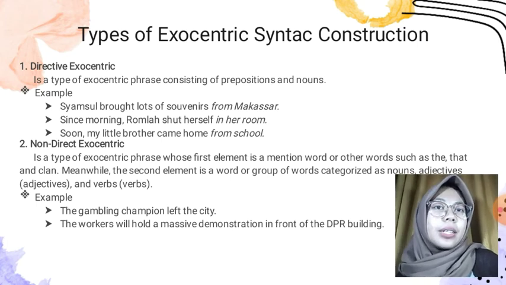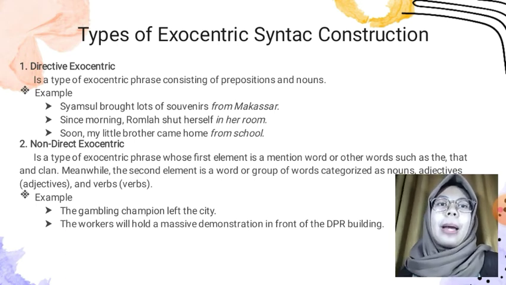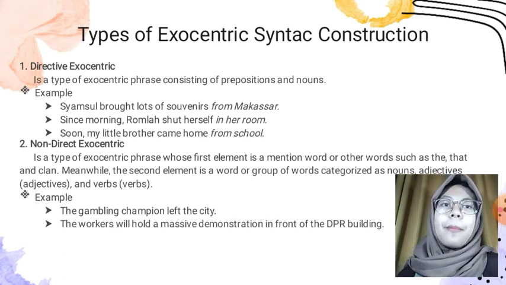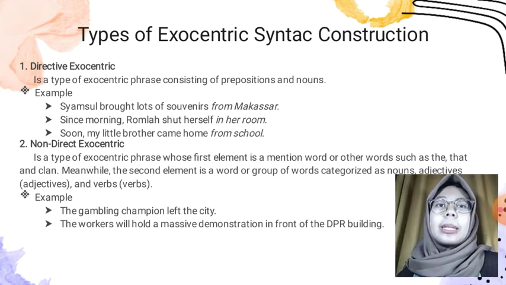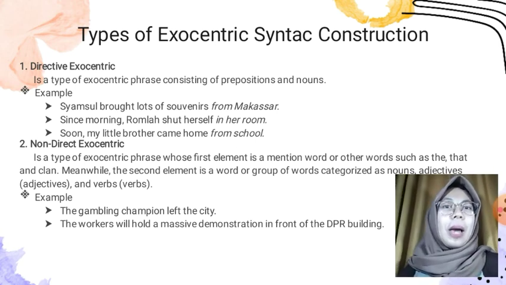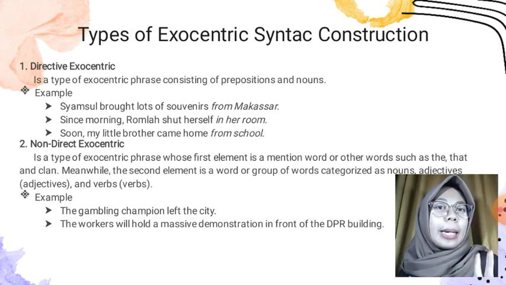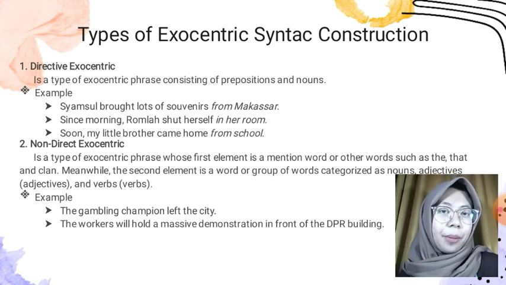So the directive exocentric is in her room. The last one is, soon my little brother came home from school. And the directive exocentric is from school. Okay, now we are going to the second type of exocentric syntax construction.